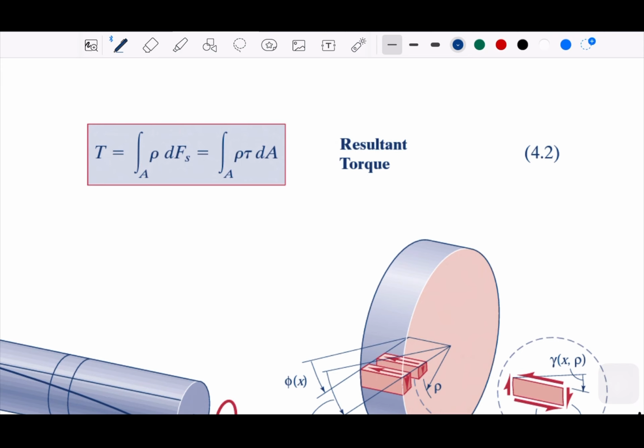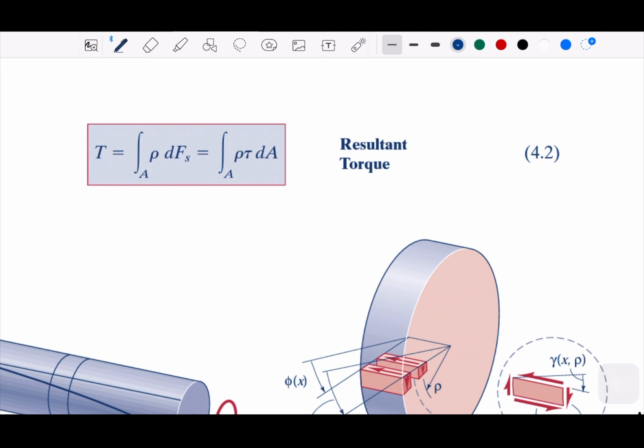Basically the torque will be force and distance, right? In our case the distance will always be the radius, because from the cross sections, the radius is crucial to determine the magnitude of the torque.